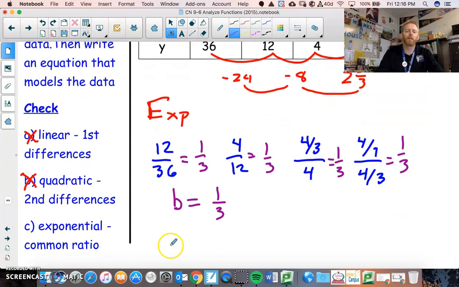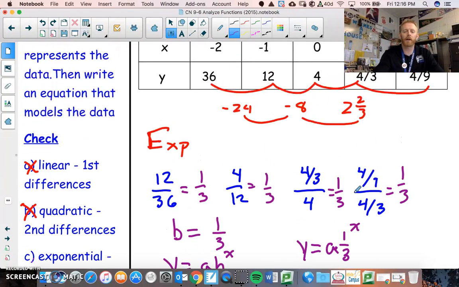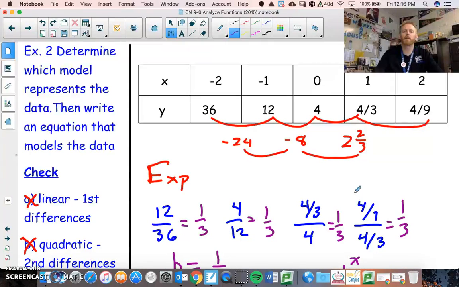So my form that we're using is y is equal to a times b to the x power. So I know that my b is 1/3. So I have y is equal to a times 1/3 to the x power. Now we're going to plug in a number for x and for y to get our formula.